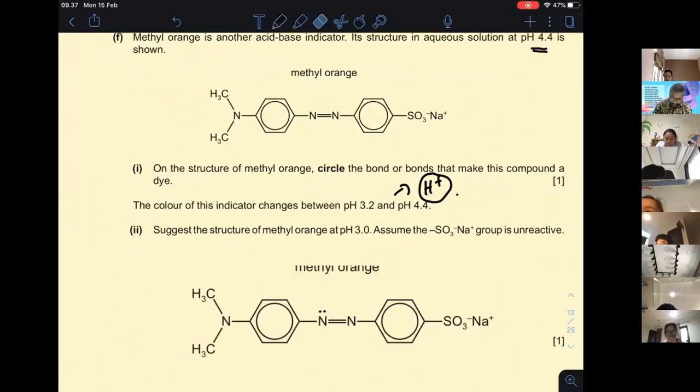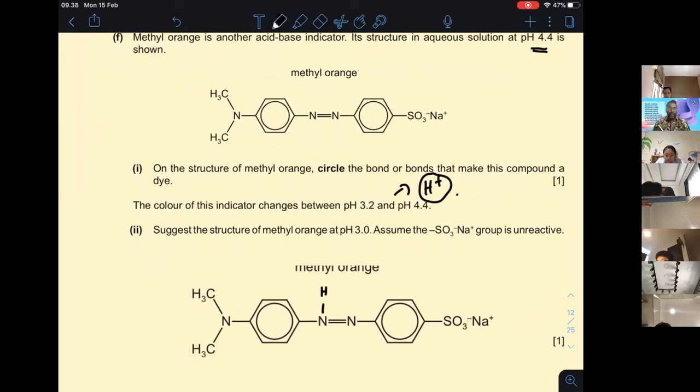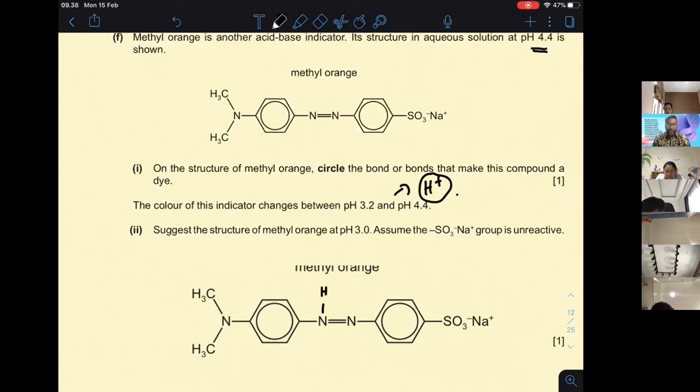After joining with the H plus, what happens now? I am losing electrons, one lone pair, over here. When I share a lone pair, in this case joining with H plus, you are not joining with something that is going to be neutral.